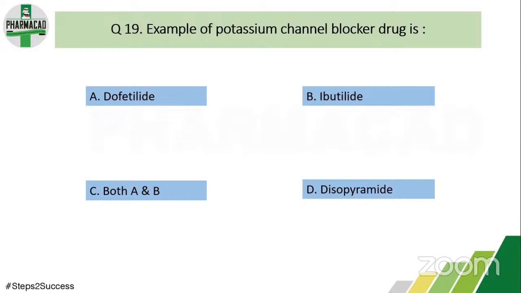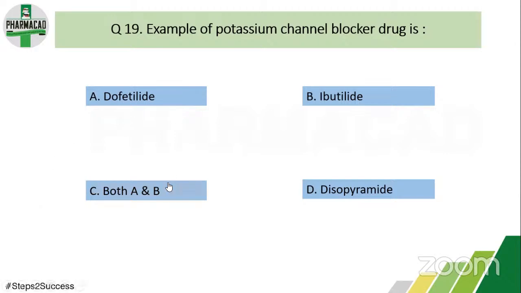Okay, moving on to the next MCQ. So an example of a potassium channel blocker drug is, so if you remember your classification again, potassium channel blockers included drugs like amiodarone, dronedarone, dofetilide, and ibutilide.